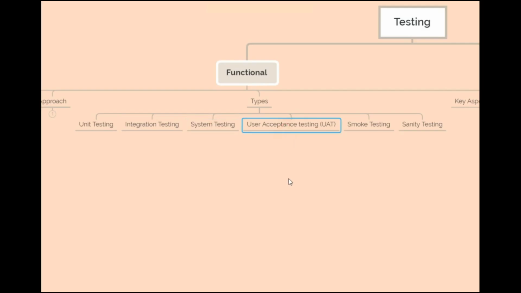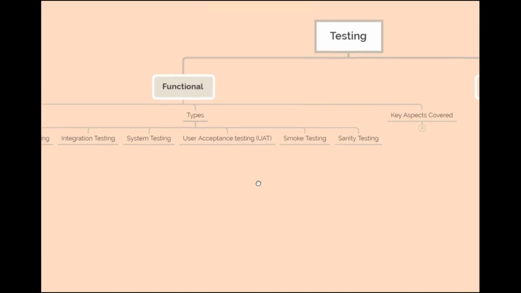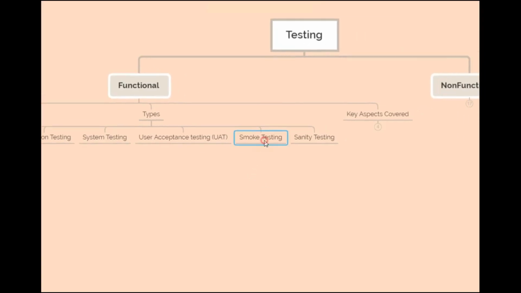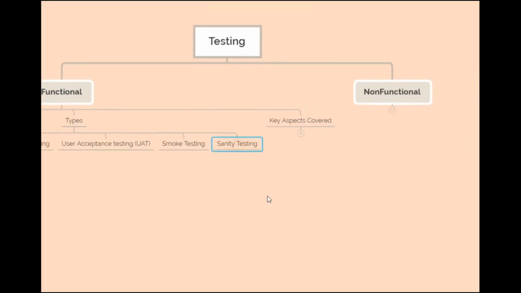User acceptance testing, validating that the system meets the business needs and is ready for deployment. Smoke testing, a basic test to check whether the most crucial functions work. Sanity testing, quick tests to verify specific functionalities after changes or fixes.